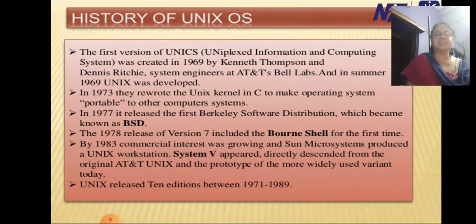Unix released 10 editions between 1971 and 1989. By the early 1980s, users began seeing Unix as a potential universal operating system suitable for computers of all sizes.